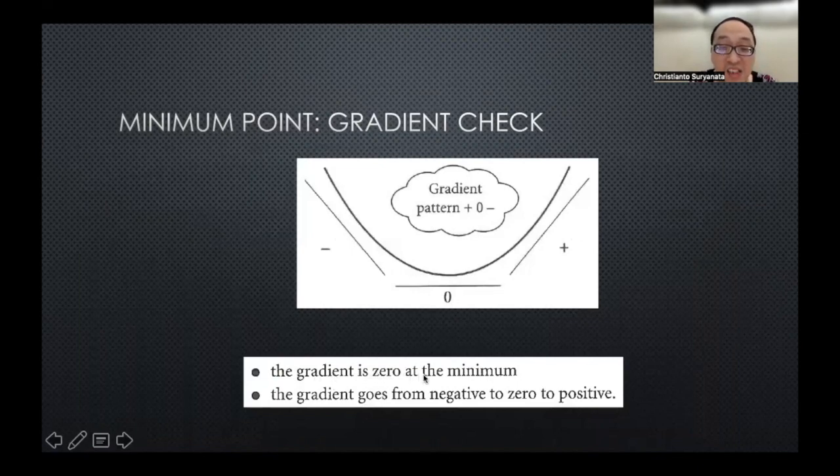The gradient is 0 at the minimum, and the gradient goes from negative to 0 to positive. So this is the gradient check for a minimum point.